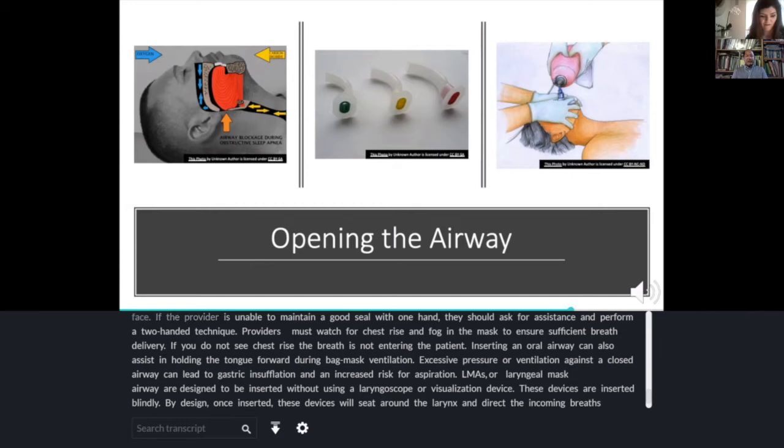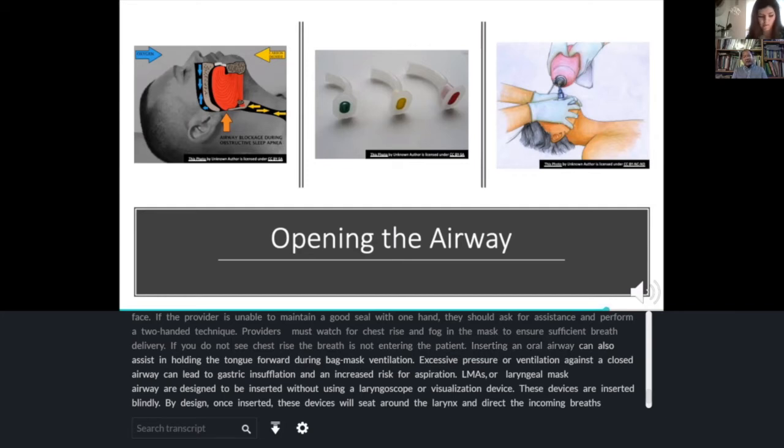If the provider is unable to maintain a good seal with one hand, they should ask for assistance and perform a two-handed technique. Providers must watch for chest rise and fog in the mask to ensure sufficient breath delivery. If you do not see chest rise, the breath is not entering the patient.